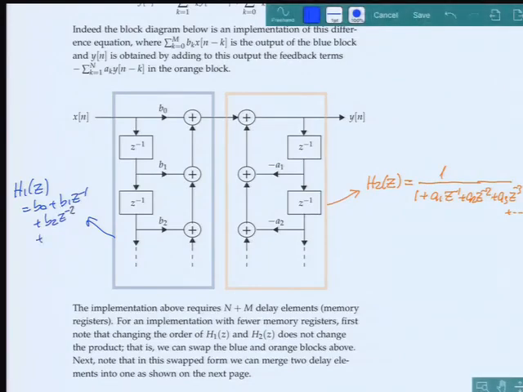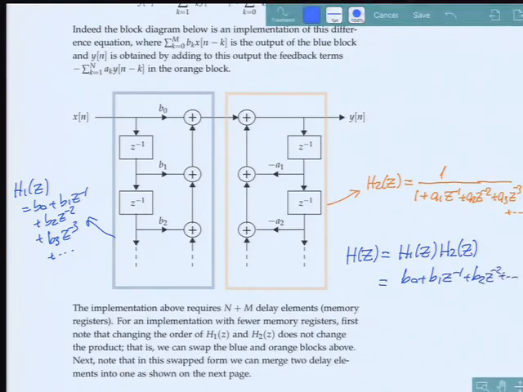And if it keeps going, then you would have to add b3 z to the negative 3, etc. So with this series interconnection of these two, you get H of z, which is the product of H1 of z with H2 of z, which has the general form of a transfer function we discussed before. Our typical transfer function of this form can be implemented with this block diagram.